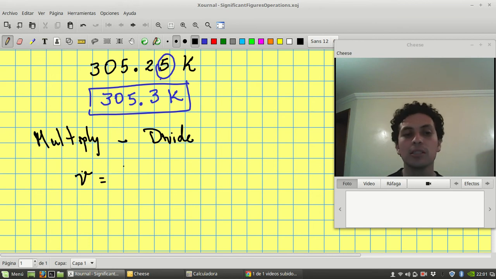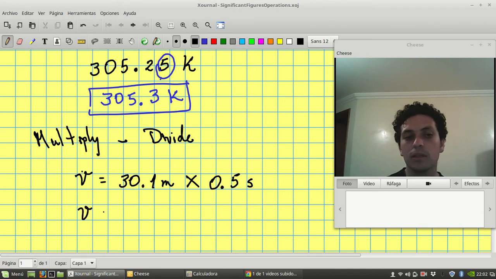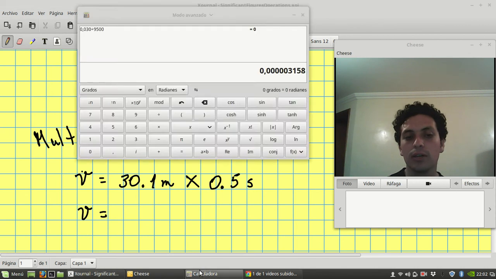And to determine the constant speed, we measure the displacement of an object as 30.1 meters, and the time was 0.5 seconds.